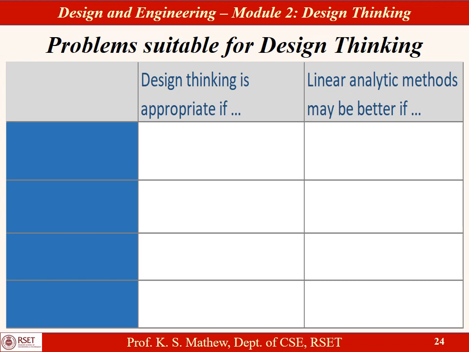And the third type of problem is called a wicked problem. Suppose suddenly there is an epidemic like the COVID pandemic, right? Or the Nipah virus spreads in the state of Kerala, and there is no previous experience of treating such viruses, and nobody has experience of treating such a virus.